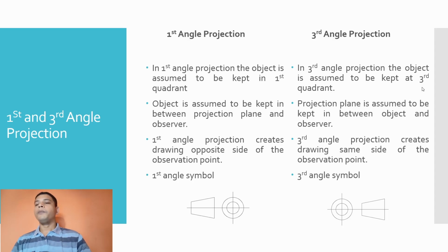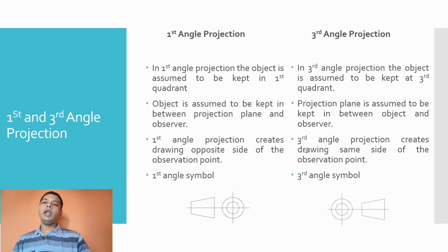Whenever the object is put here, the plane of projection is here, and you are the observer here. In first angle projection, you are seeing the shorter dia first, then proceeding towards the larger dia, and the image is generated on the opposite side of the object, here. This is the plane of projection. That's why this is the symbol.